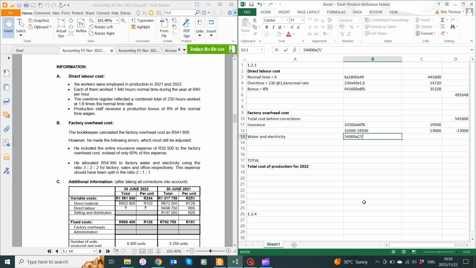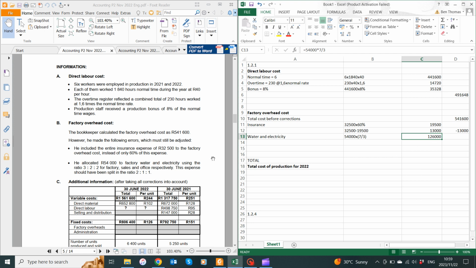And what do I have? They used 3/7. So what do I have? I have 3. So if we do this sum, we're going to get the total for water and electricity for the entire company. So we're going to say 54,000 multiplied by 7 divided by 3. 126,000. This means the total water and electricity is 126,000.